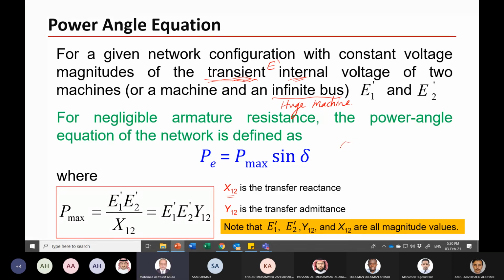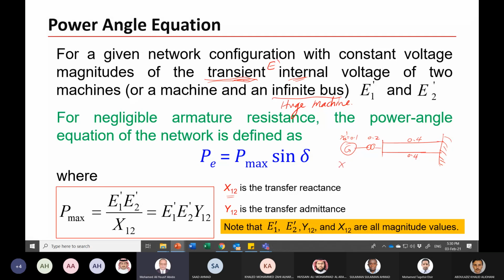For example, if we have a generator, a transformer and two transmission lines connected to an infinite bus, with X'd equal to 0.1, then 0.2, and 0.4 and 0.4 for the lines.